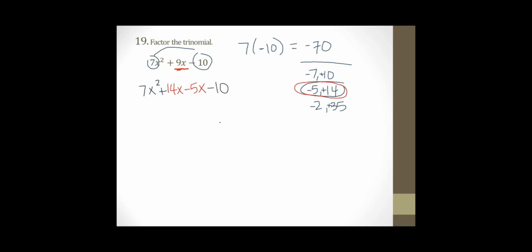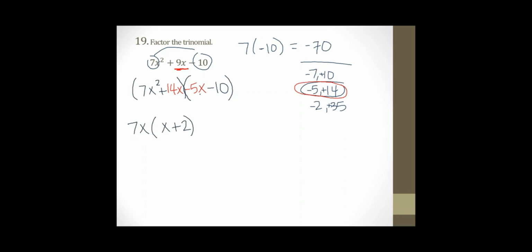So now I'm going to factor by grouping. I'm going to start by grouping the first pair and then the second pair. The GCF of the first pair would be 7x, and when I factor that out, I'm going to be left with x plus 2. Now, I'm factoring by grouping, so I need to get another x plus 2.